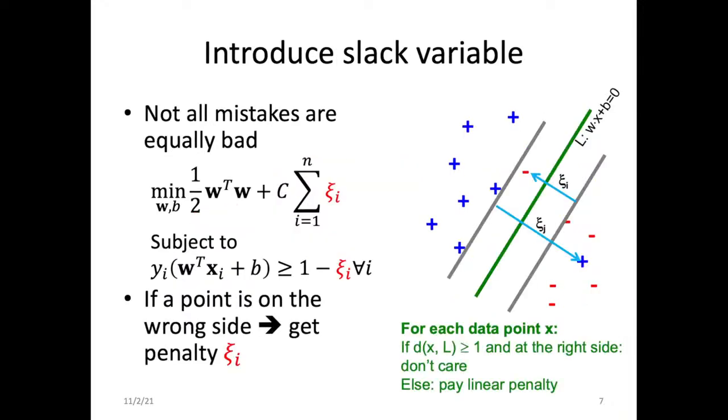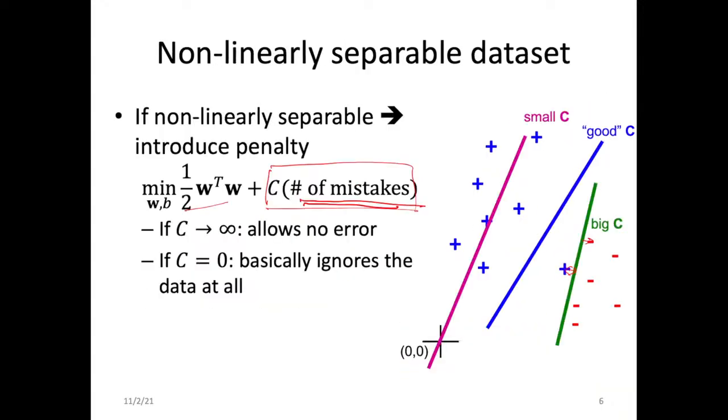Of course, if C becomes infinite, then essentially we allow no errors at all. If C is 0, that means we want the margin to be as large as possible, so essentially we don't care about the training loss at all.